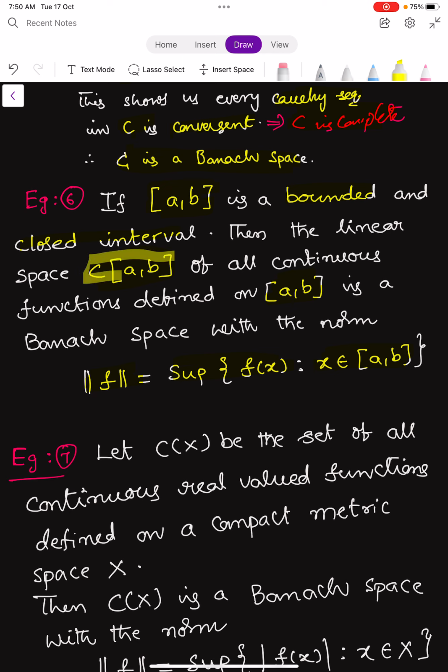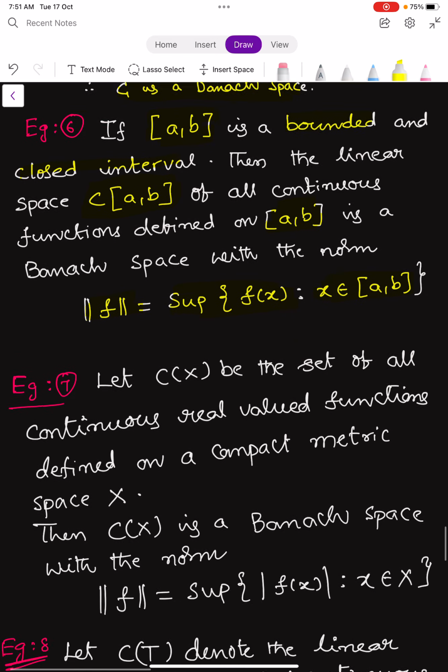This C[a, b] is important. It is the set of all continuous functions defined on the closed interval [a, b], a Banach space with the standard norm, supremum of |f(x)| such that x belongs to [a, b].